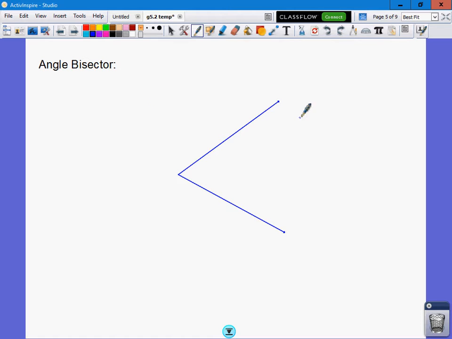The next set of theorems deals with an angle bisector. And again, we did angle bisectors with constructions, and I just want to refresh our memories on what an angle bisector is. When we were doing the construction, we set our point on the vertex. We drew an arc. We picked up our compass and set it on the point where the arc intersected.